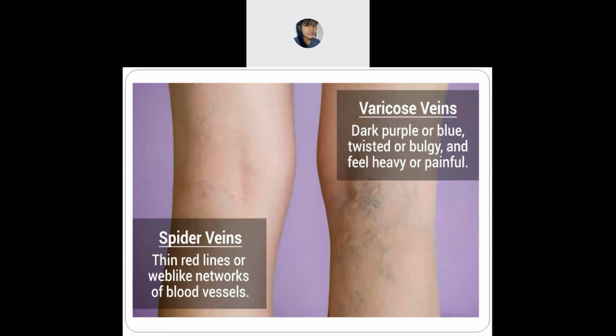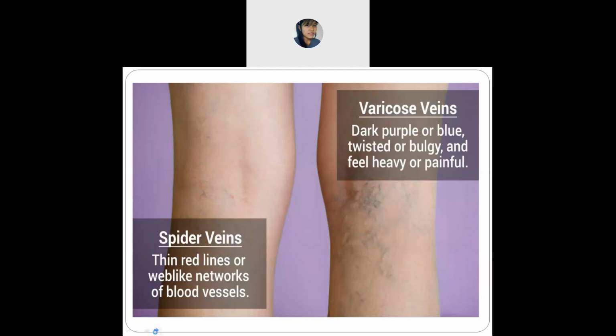Your leg will seem heavy, not like the normal leg. The normal leg will be light, so you can lift it up. But in the varicose vein, the leg is mostly heavy, and it's difficult for the person to move freely. Is it clear?